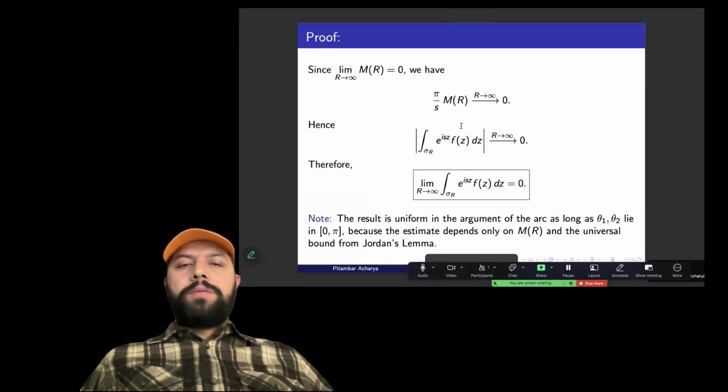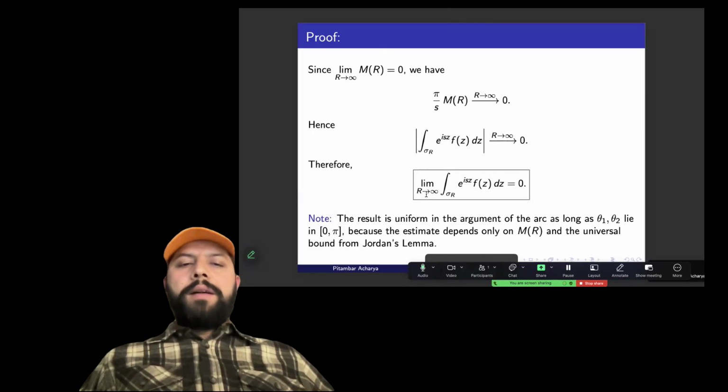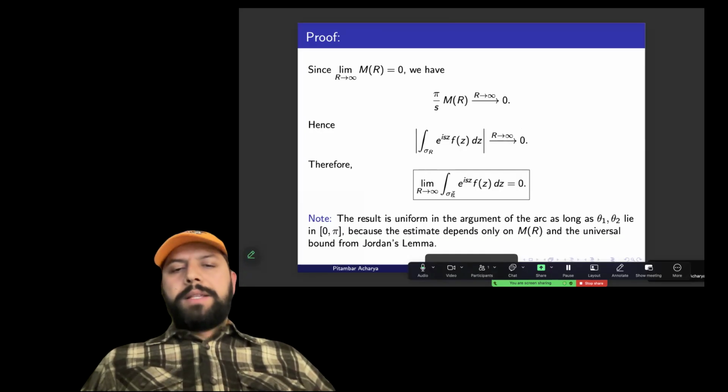Similarly, the absolute value on the left side approaches 0. That means as R tends to infinity, the integral over sigma sub R of e to the i s z f(z) dz is equal to 0. This is the generalized version of Jordan lemma.